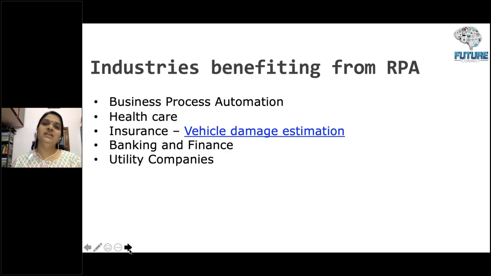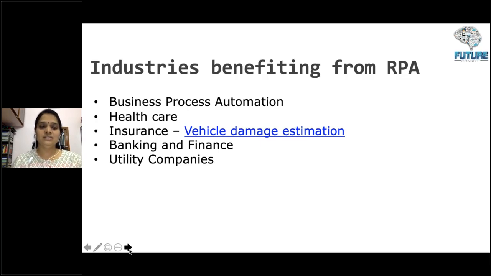But with the invention of cloud technology and cyber security, even a small scale industry, even an individual, if I am a sole proprietor, I have several processes which have a definite sequence and logic. Even as a sole proprietor, I can use RPA.